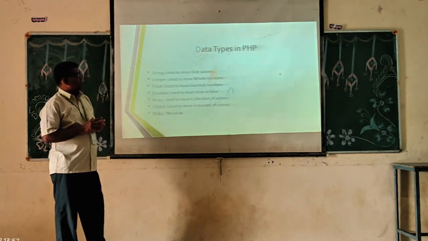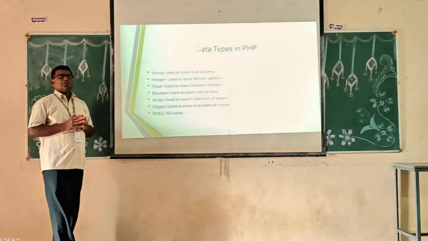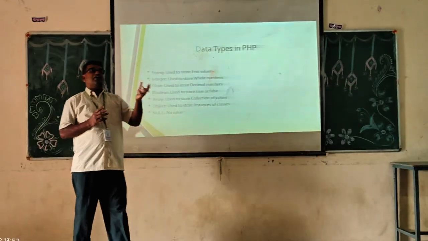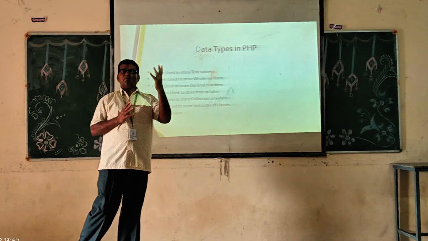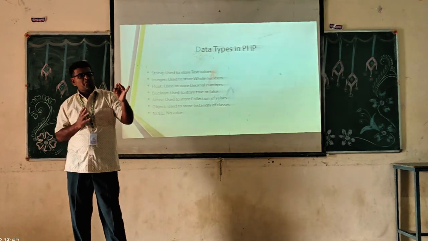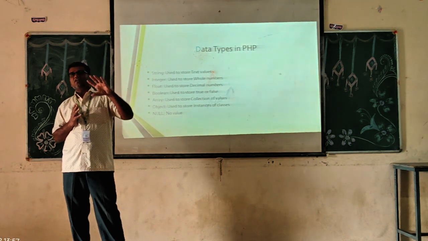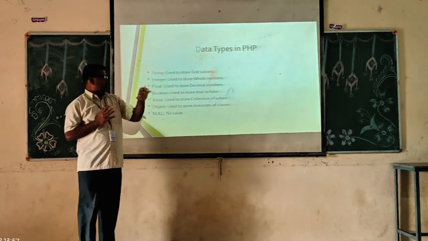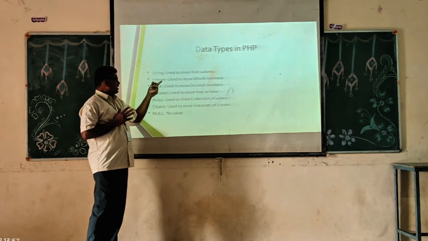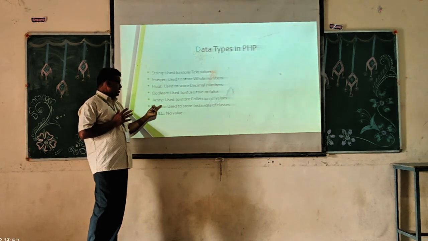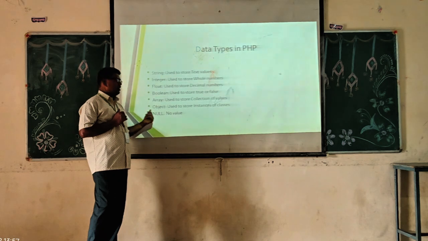The next topic is data types. The data types are already known, since you can study them in C, C++, Java, VB, .NET, every language has the same data types: string, integer, float, boolean, array, object, null.